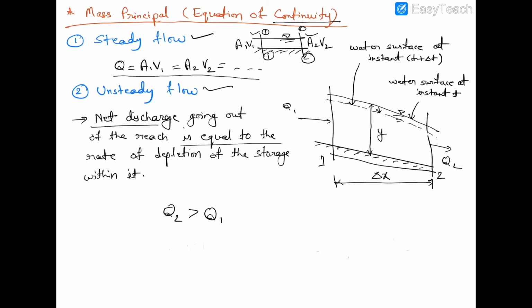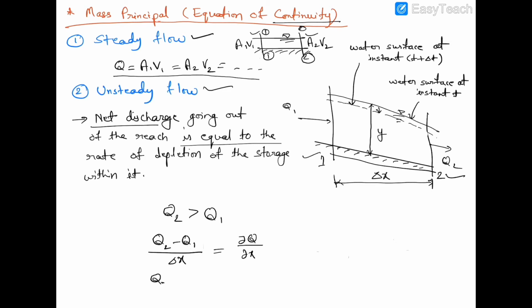If delta x is the distance between section 1 and section 2, then the change in discharge with respect to length of the channel we can write as dou Q upon dou x.